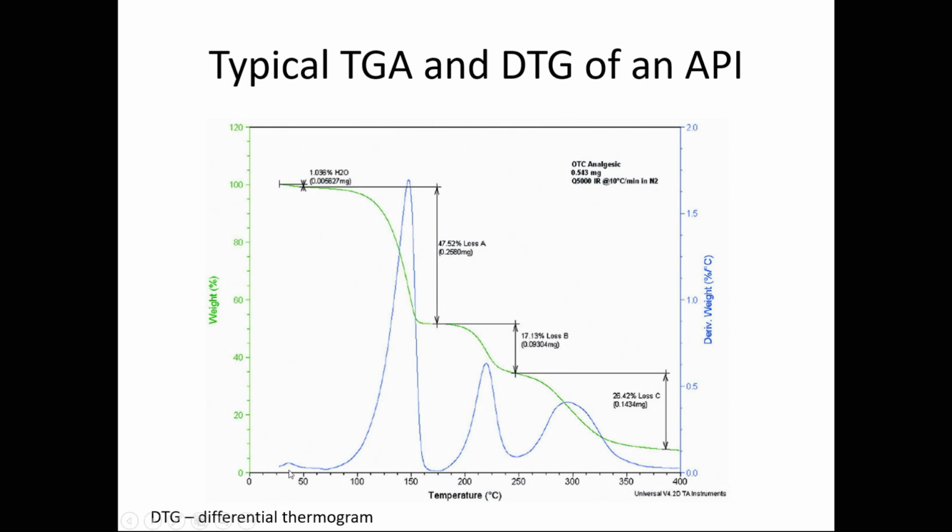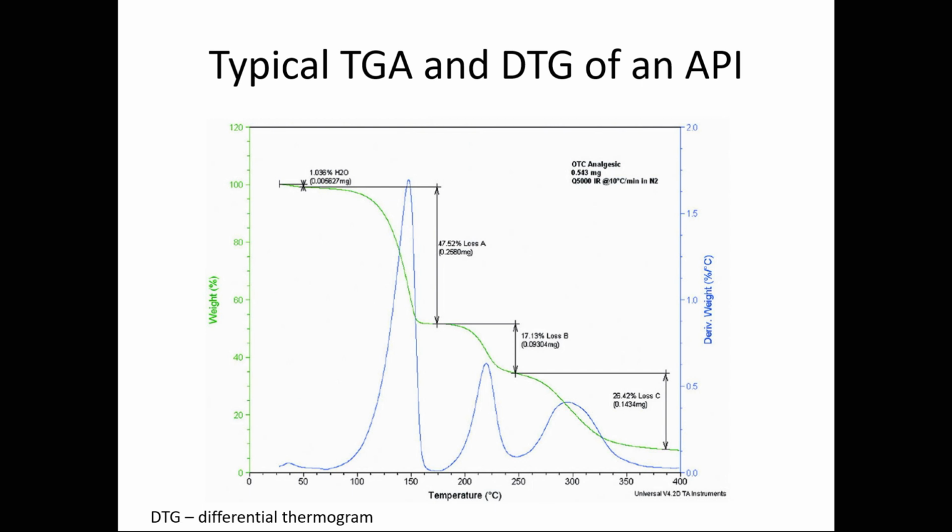What DTG shows is the rate of how quickly the weight of your sample is lost. So basically these two curves show the same thing: multi-stage degradation of this particular active pharmaceutical ingredient, but DTG is just a mathematically transformed curve.